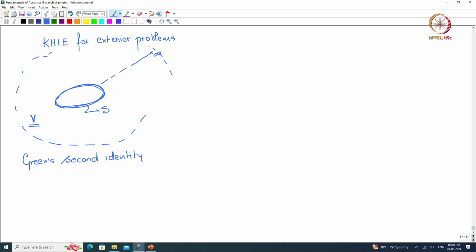and I say that I have now again a phi and a psi, two functions that have continuous second partial derivatives in a region bounded by now two surfaces.